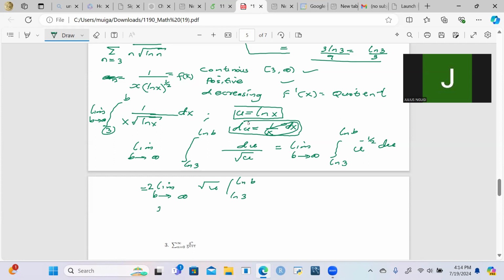So this will become twice, and then what is inside now becomes the limit as b approaches infinity, square root of ln of b minus square root of ln of 3. And we observe that the first part, as b approaches infinity, the root of ln of infinity will be undefined, or it does not exist. So this limit does not exist, or is infinity, so it diverges.